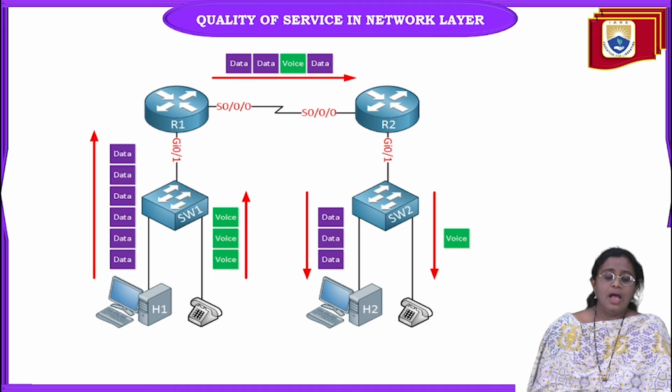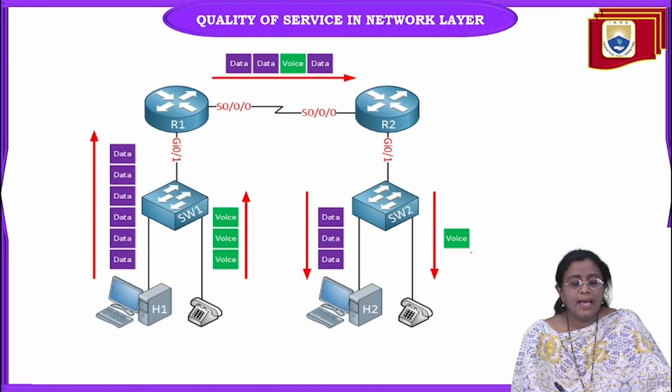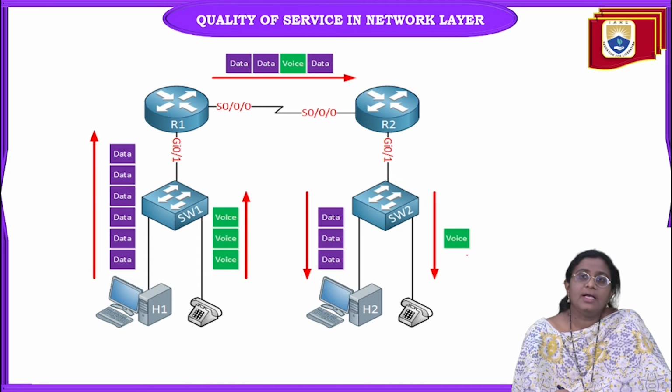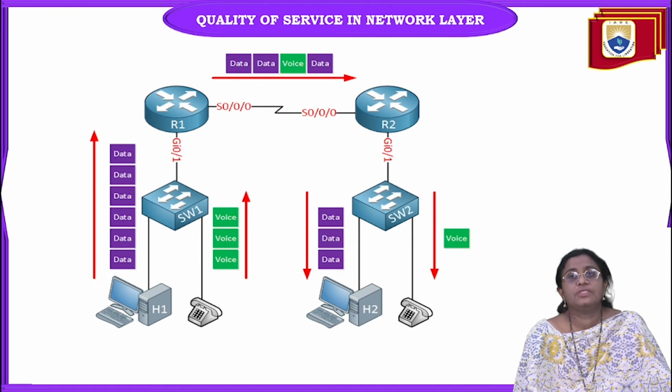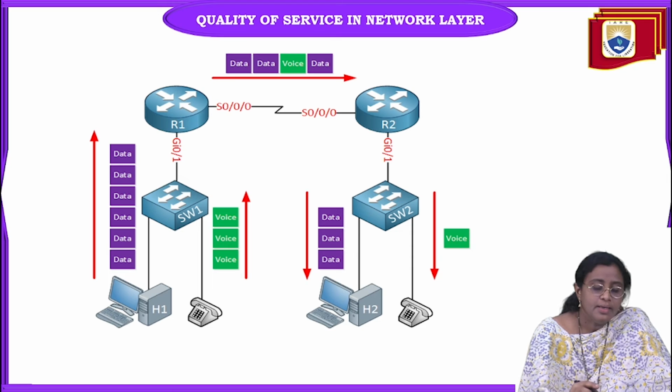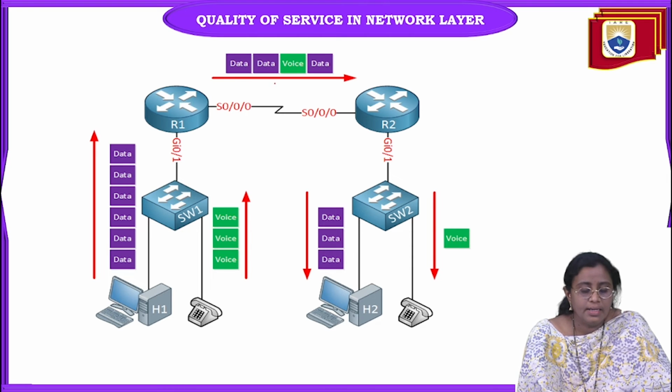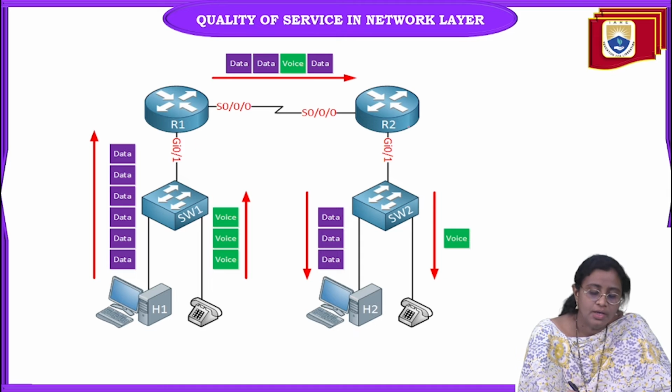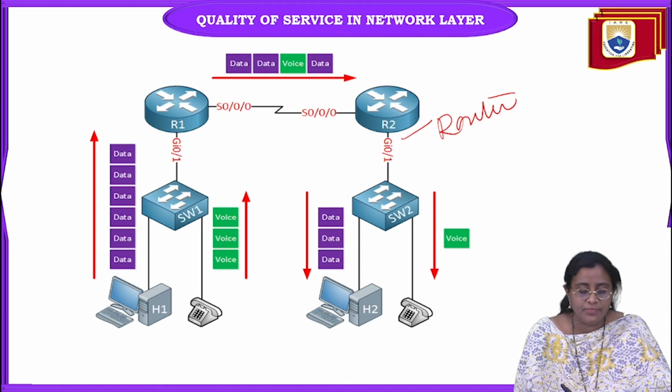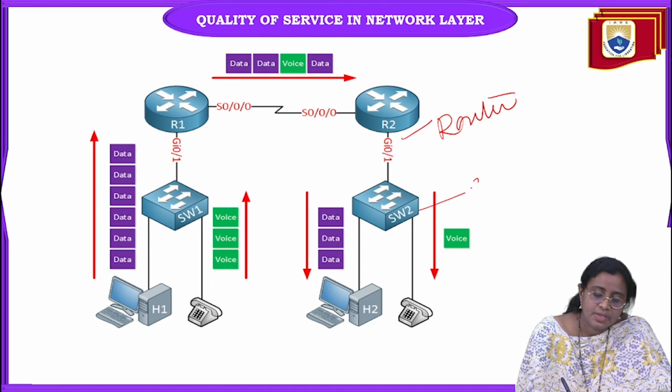After that, this is an exemplary pictorial diagram representing the quality of service in the network layer, like data and voice through router 1 and router 2, which can be connected through different networks, what we can call switched networks.